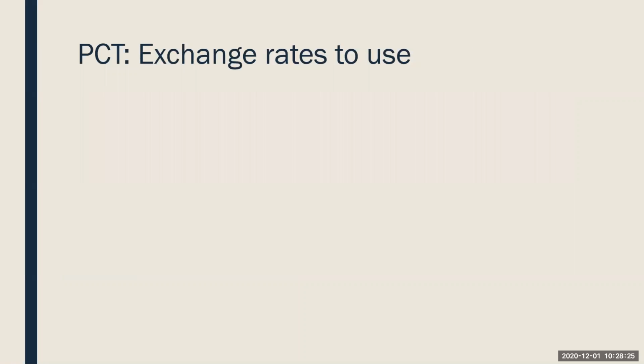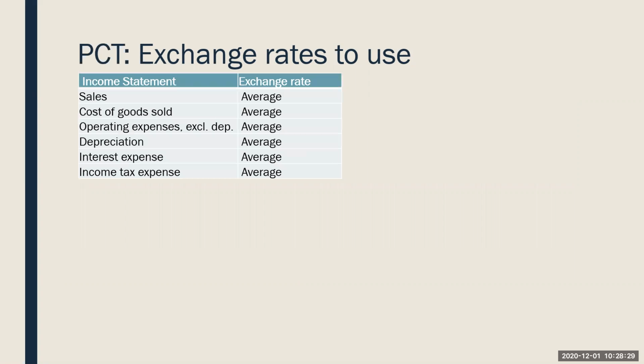The exchange rates to use for the income statement: every line item is translated using the average rate. So basically, net income gets translated using the average rate. And then you have to keep in mind that we must include other comprehensive income. So in the case of the presentation currency translation method, we actually end up preparing a statement of comprehensive income because other comprehensive income will be in play.